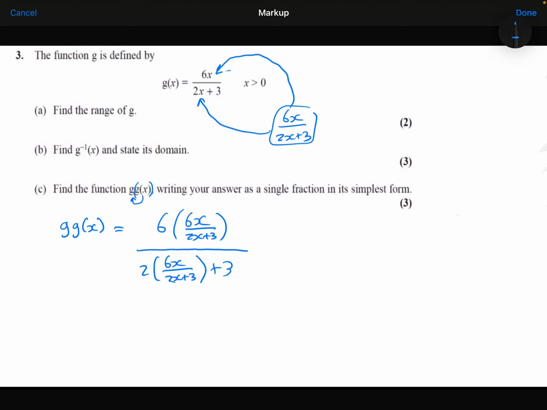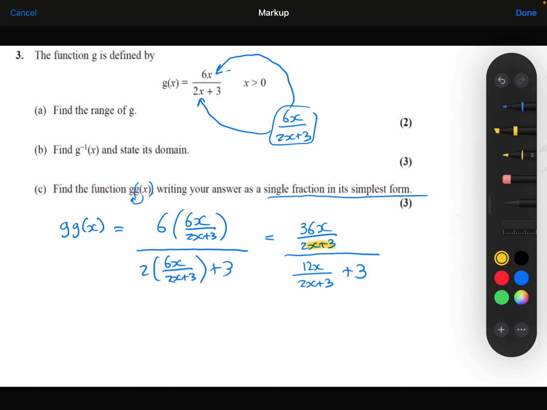Now we need to simplify this as much as possible. So first thing, let me just do the 6 times the 6x is 36x over the 2x plus 3. The 2 times the 6x is 12x. Now I don't like the fact I've got these fractions inside a bigger fraction, so to get rid of those, we are going to multiply everything on the top by 2x plus 3 so that these will cancel out.